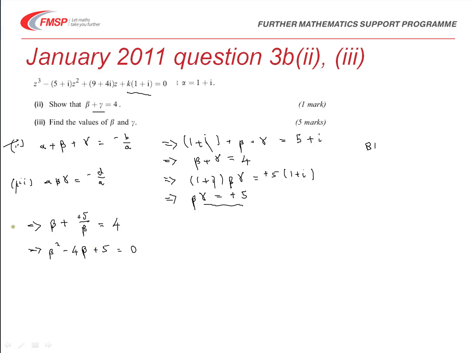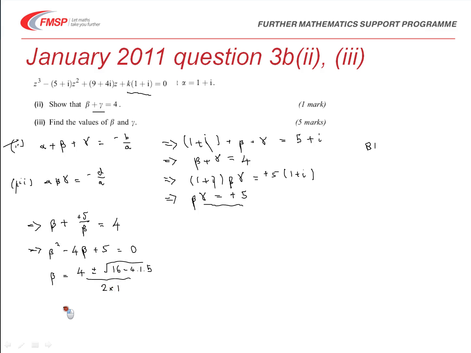Okay, so we now have this quadratic to solve, so we can just quickly apply the quadratic formula, and we know then that beta will equal minus b, so that is going to become 4, plus or minus the square root of b squared, so that's 16, minus 4 times a, which is 1, times c, which is 5, all over 2a, so that's just 2 times 1, because a is 1.